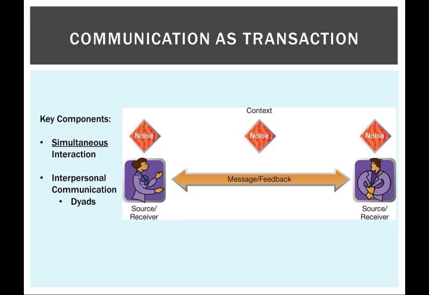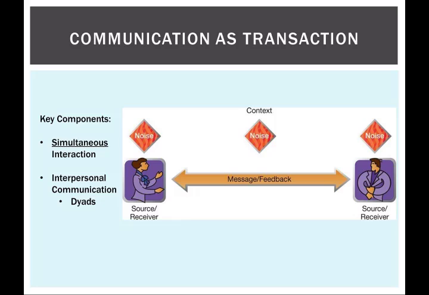As you can see in the middle, it's two-way, so the message and feedback is simultaneously occurring. So while one person is sending a message, there could be simultaneous feedback coming from the other individual. I listed interpersonal communication, or dyads, which are essentially just two people, there by the side because this is probably most fitting for relationship or understanding relationship development.